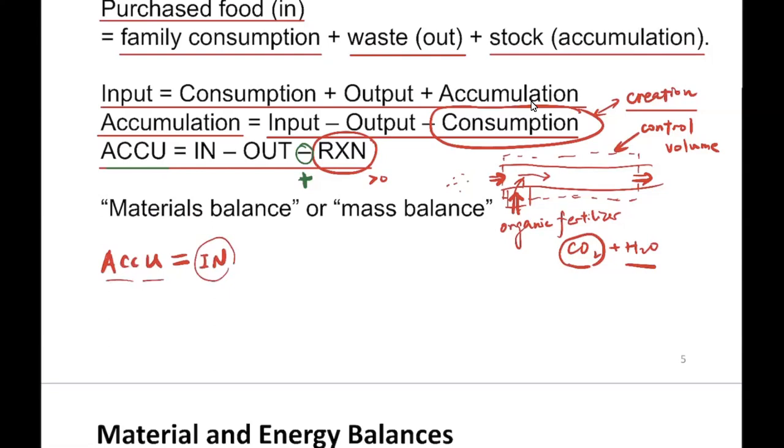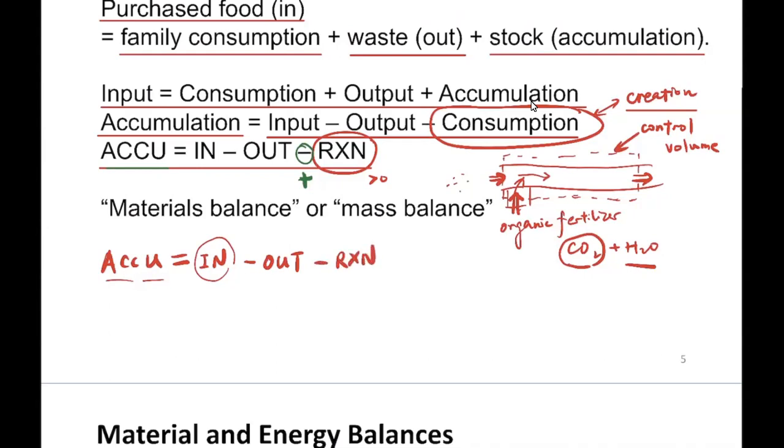The more input you bring into the control volume, the higher the accumulation. We need to subtract the output term because it's being taken out from the control volume, and that reduces the accumulation of this material. And further, we need to subtract the reaction.